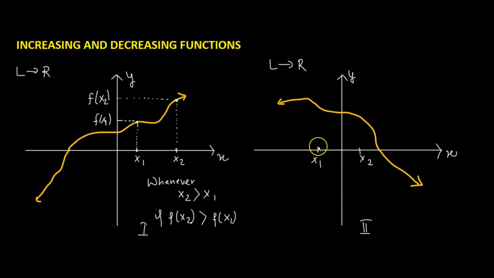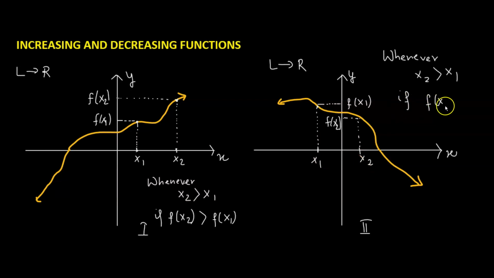For x1, this will be the corresponding y value given by f of x1, and for x2 we have f of x2. Whenever x2 is greater than x1, clearly, since we're going from left to right, in this case we get f of x1 greater than f of x2, the other way around. Then we say that the given function is decreasing.